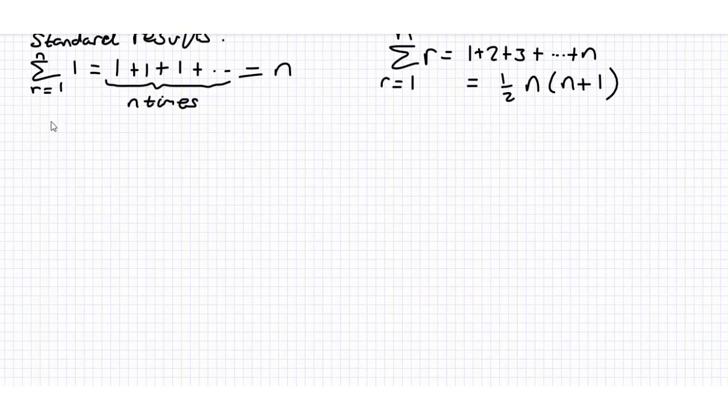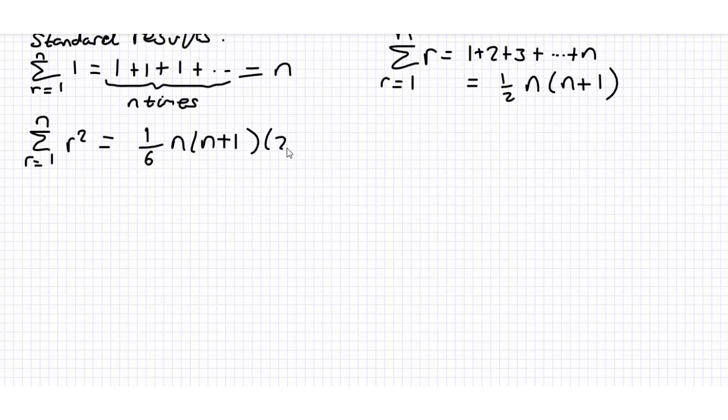Next one is the sum of the squares of the natural numbers. So that's equal to 1 squared plus 2 squared plus 3 squared plus 4 squared, and turns out to be equal to 1/6 n times n plus 1 times 2n plus 1.